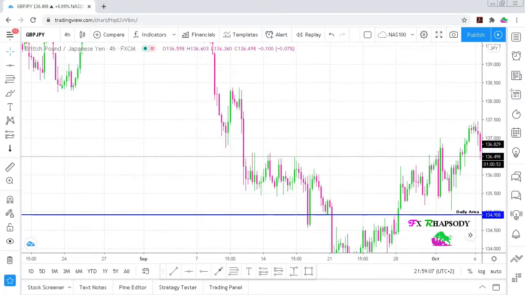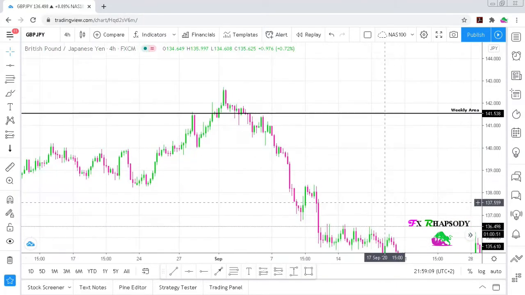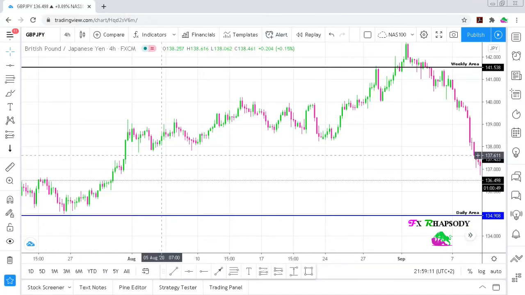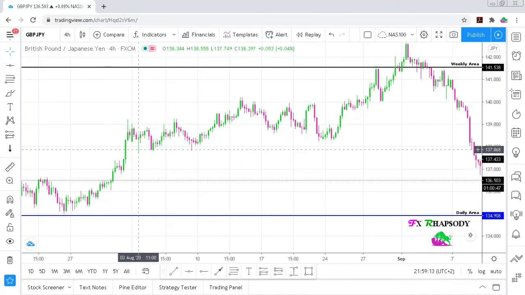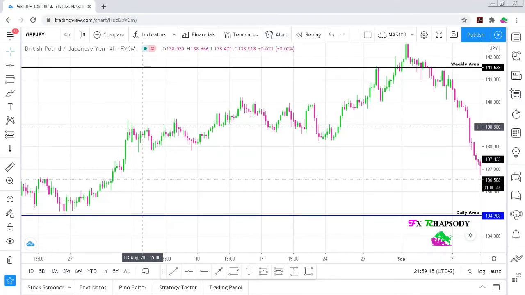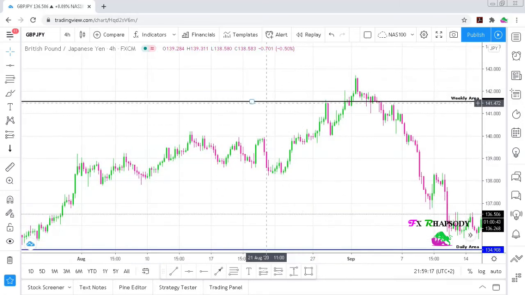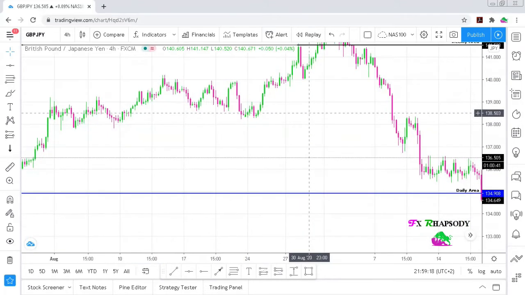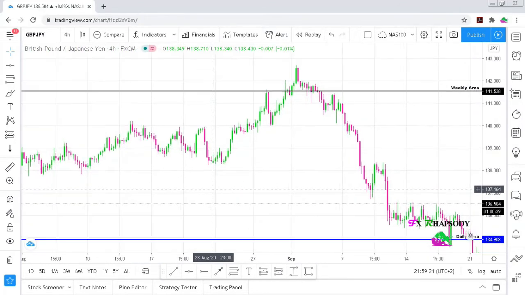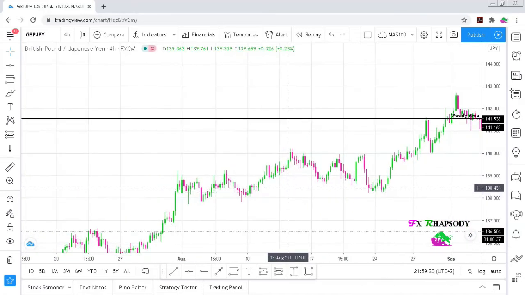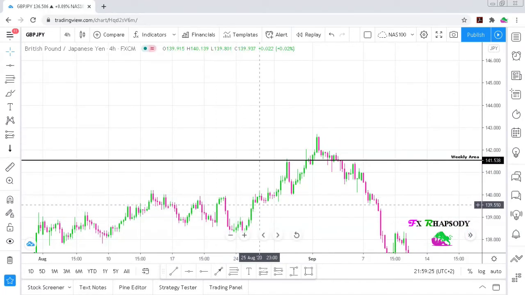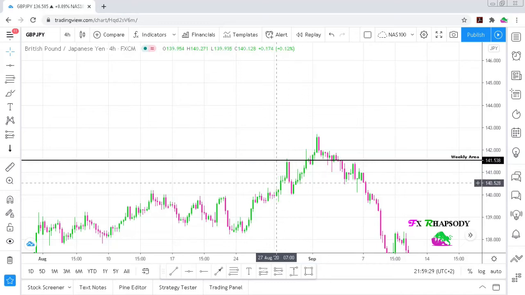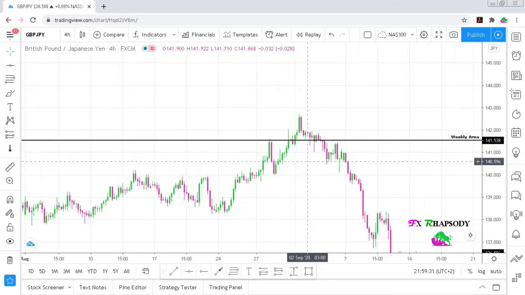In between these, I will still draw support and resistance areas on different time frames, but I will keep these weekly, daily and monthly areas on my chart, so I can see when price comes close to them, and then I know I need to react and look for opportunities to go into the market.